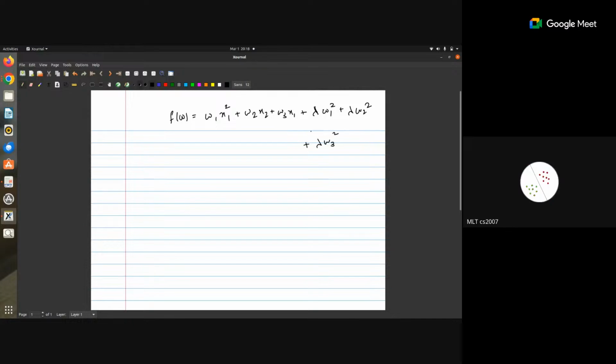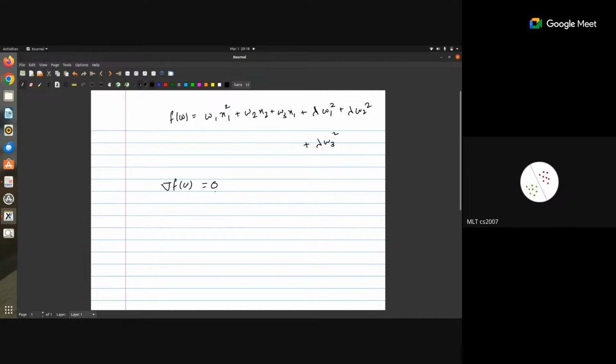Now you are able to see this expression. What is the objective? Generally, for optimization, we find the gradient and set it to 0. In this case x1, x2, x3 are constants, we should treat them as constants because we know them in prior.